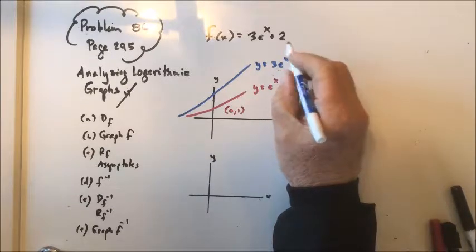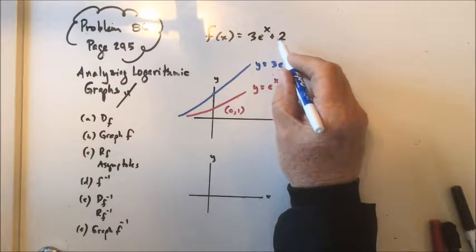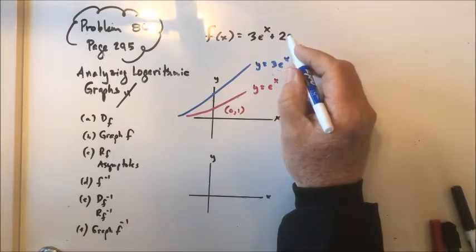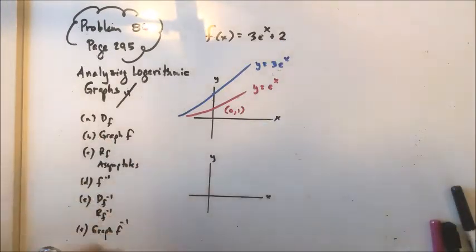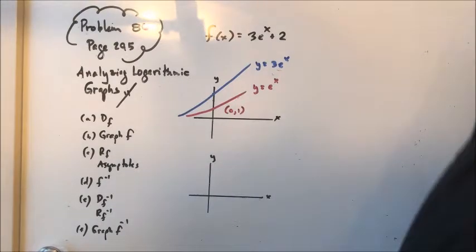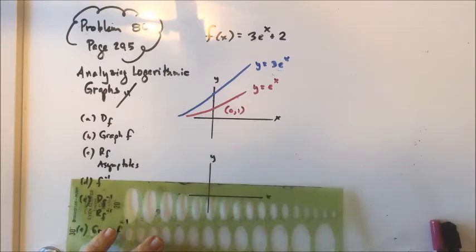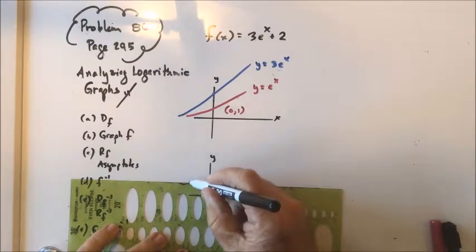And then the 2 has a similar effect. This additional 2 has an additional effect. It will raise everything up by 2. So this is not a multiplicative increase. This is an additive increase. I'm going to come down here.